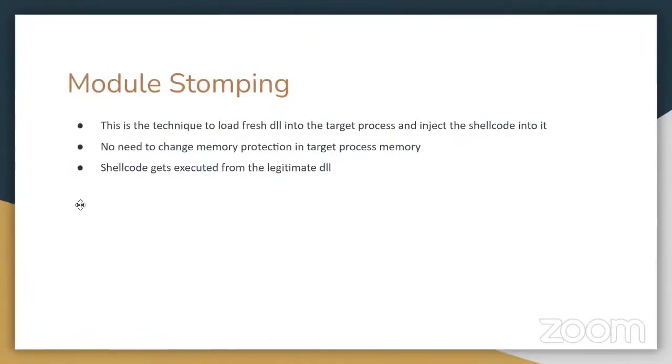In this technique, a fresh, legitimate DLL is loaded into the target process, and the shellcode will be injected into that loaded target DLL. And when we create a new thread, the shellcode will get executed from the legitimate DLL.